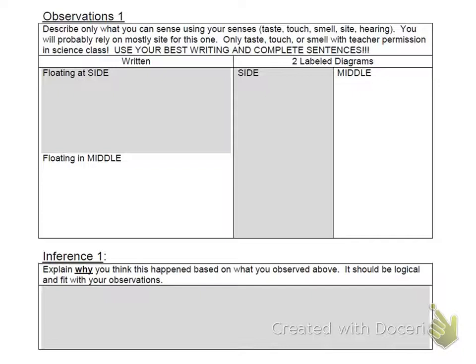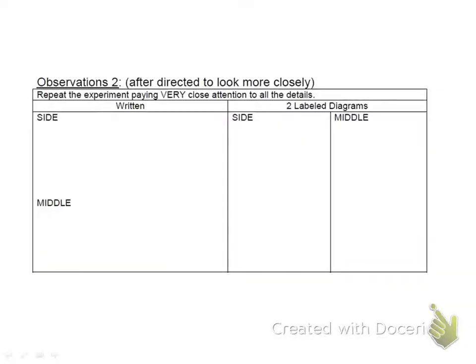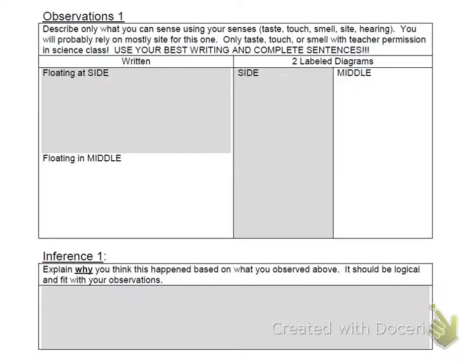So over here, you're going to have a picture of the cup with the liquid in it. You're going to show me that the cork, even though it's put in the center, tends to migrate towards the side of the cup. You would label it. I'm doing a sloppy job, so yours would be much better, of course.